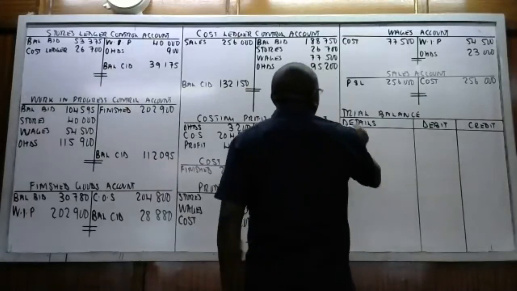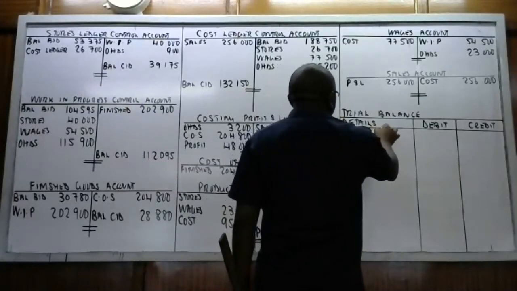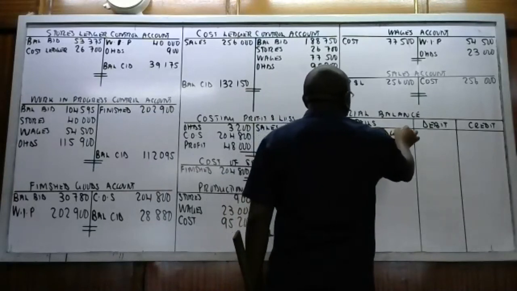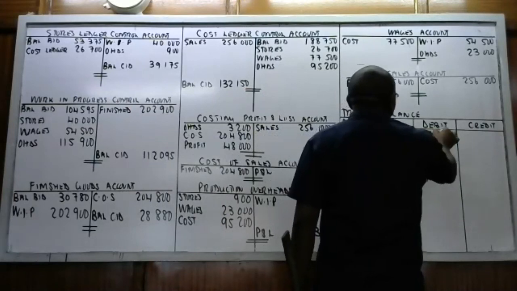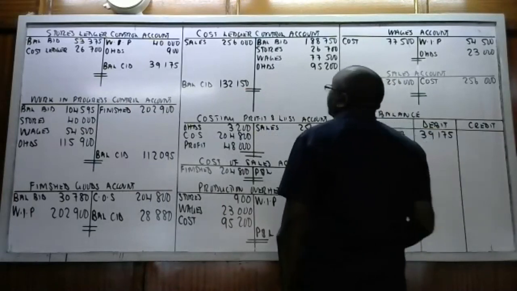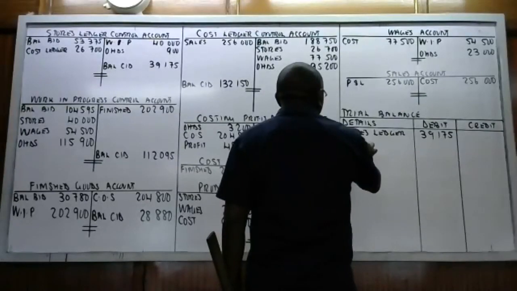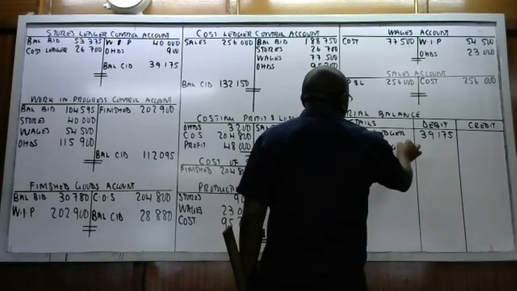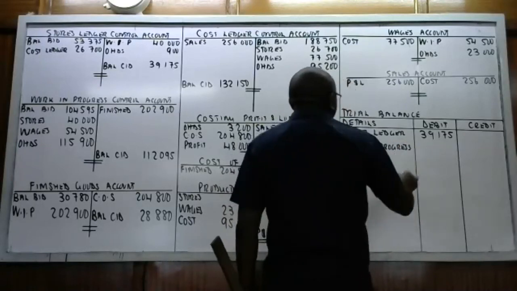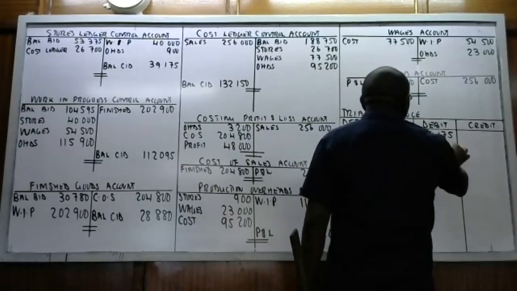The first one is the stores ledger. It has a debit balance of 39,175. Work in progress also has a debit balance of 112,095.